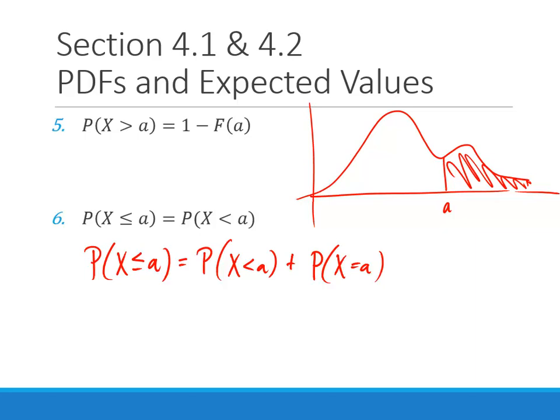And as we saw previously, the probability of being exactly equal to some value is equal to 0. So this is just the probability that x is less than a. So you can be a little less careful about the endpoints here because the endpoints don't change the probability.